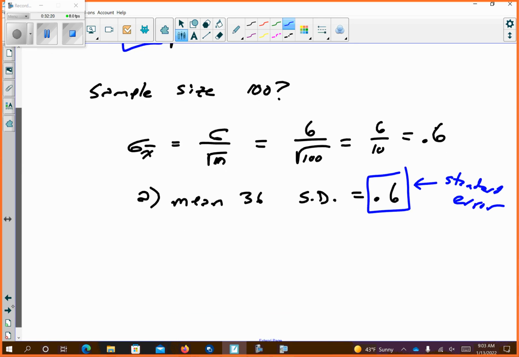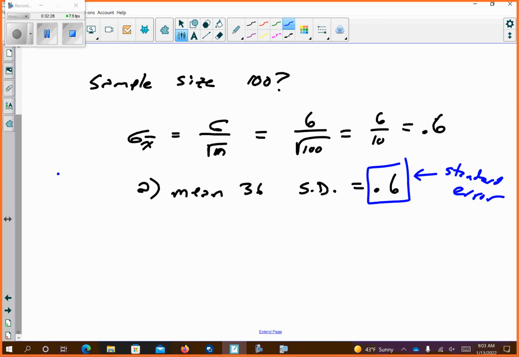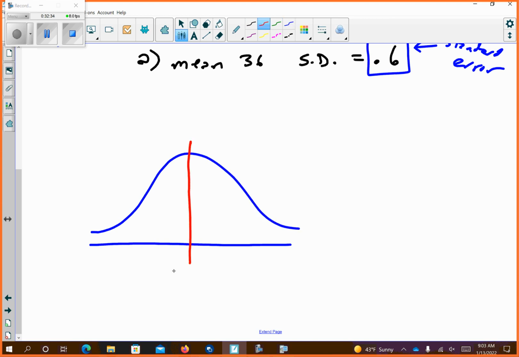All right, so if we go through this a little bit further, create a normal curve. Now we're going to create a new normal curve. So we have 36 here. Standard deviation with our sample, we're going to go 36.6. Why would it be 36.6? Because of our standard error now changed.